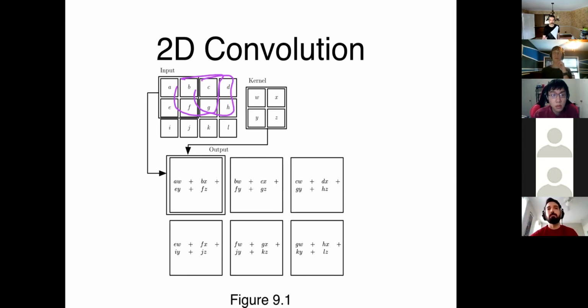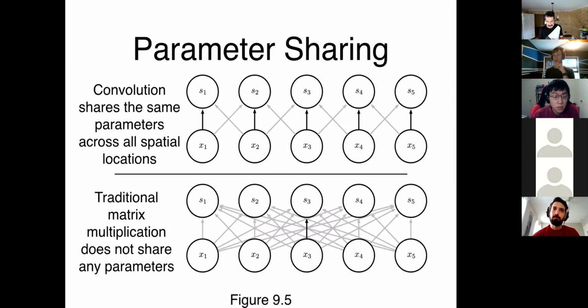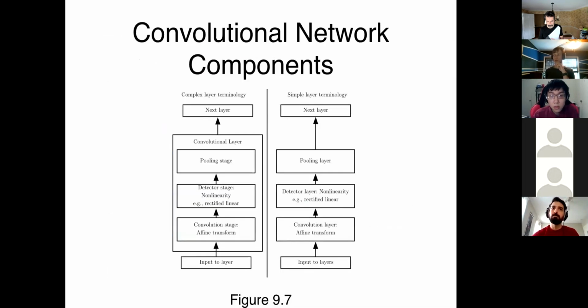It's fully connected in that sense. We have local connectivity for the height and width, but not for the depth. Depending on the depth, we need that many kernels.